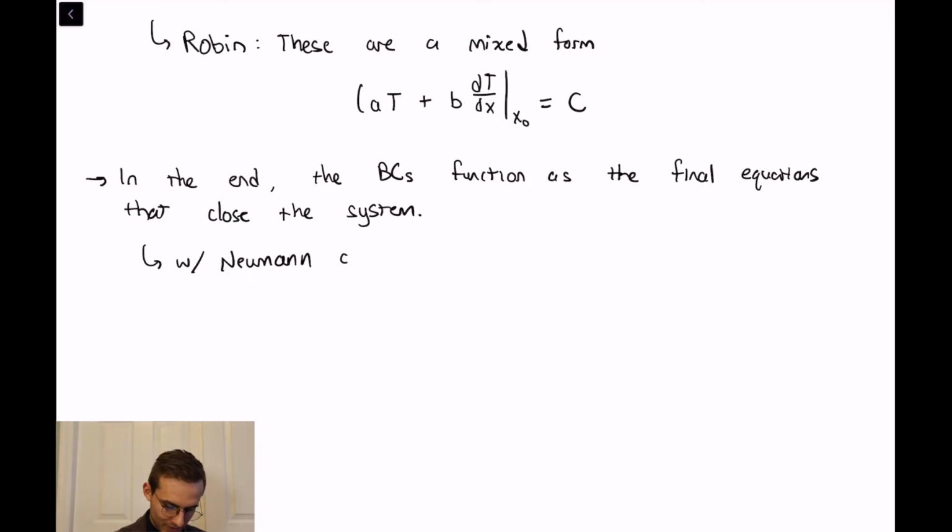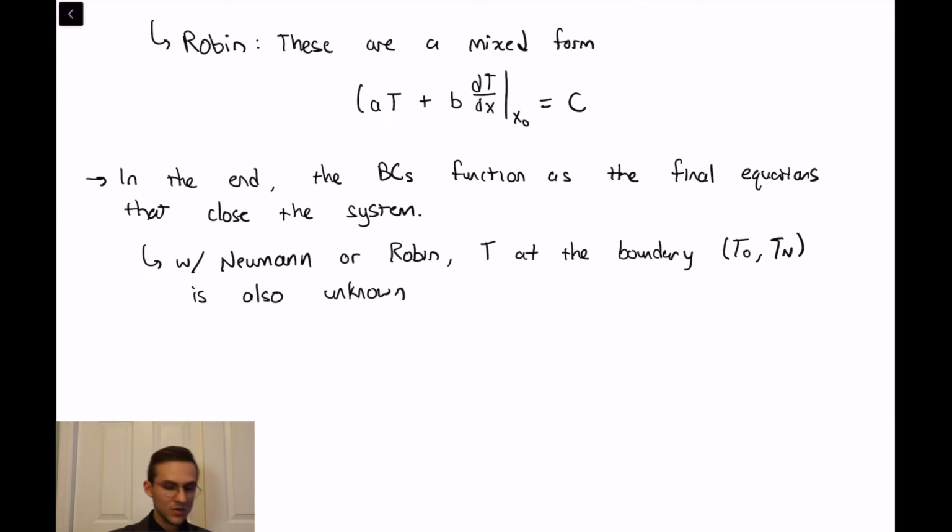With Neumann or Robin, the actual temperature at the boundary, either T naught or Tn, is also unknown.